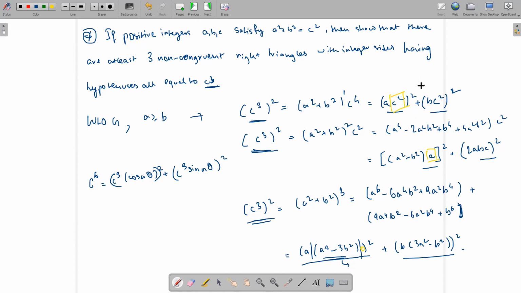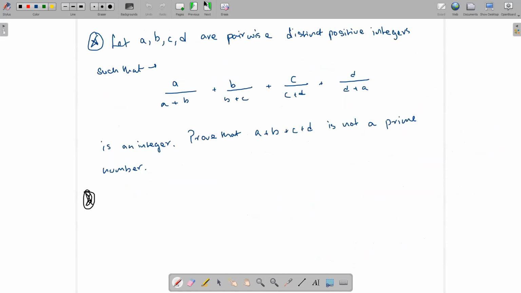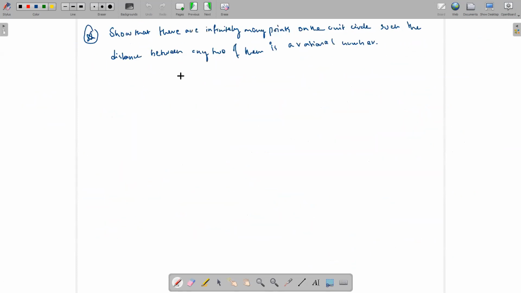Okay, so let's come back here maybe. And this one is a nice one. Show that there are infinitely many points on the unit circle such that the distance between any two of them is a rational number.